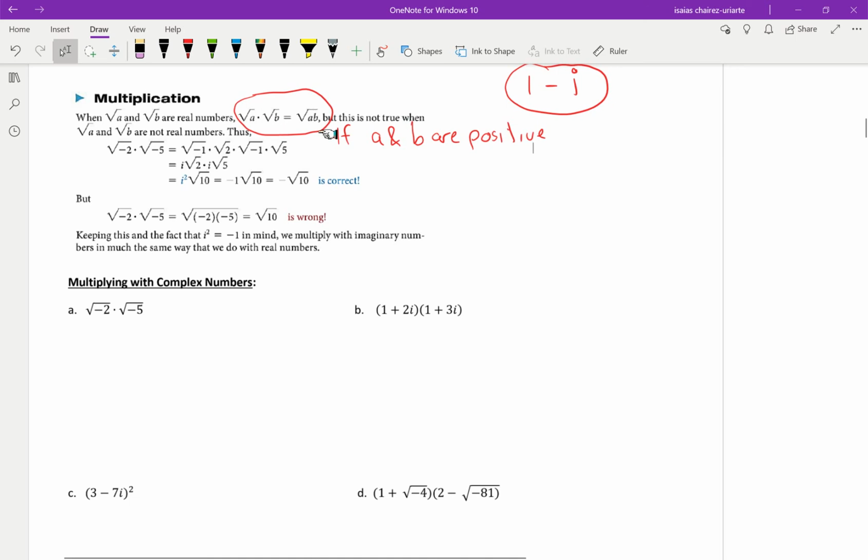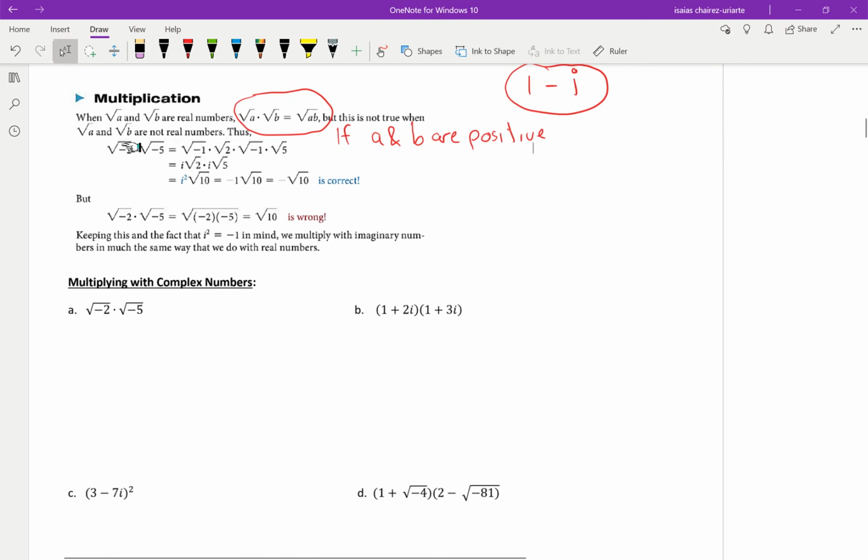But if one of them happens to be negative, then that rule is no longer true. For instance here, the square root of negative 2 times the square root of negative 5, we know that we're dealing with complex numbers. Neither of these things are positive, so I have to first express them using i, and when I successfully express this using i, I end up with i squared, which becomes negative 1.